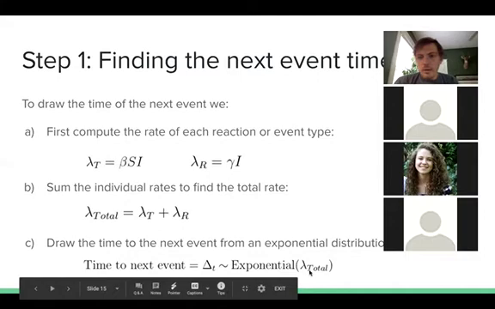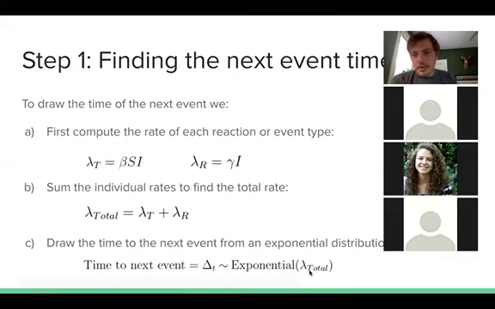If you recall, we've seen the exponential distribution at least twice before in this class. The exponential distribution describes the waiting time to when any event occurs, given that that event occurs at a constant rate. For example, we encountered the exponential distribution when we were talking about the waiting time to the next coalescent event, and we saw that the time to the next coalescent event is distributed exponentially.